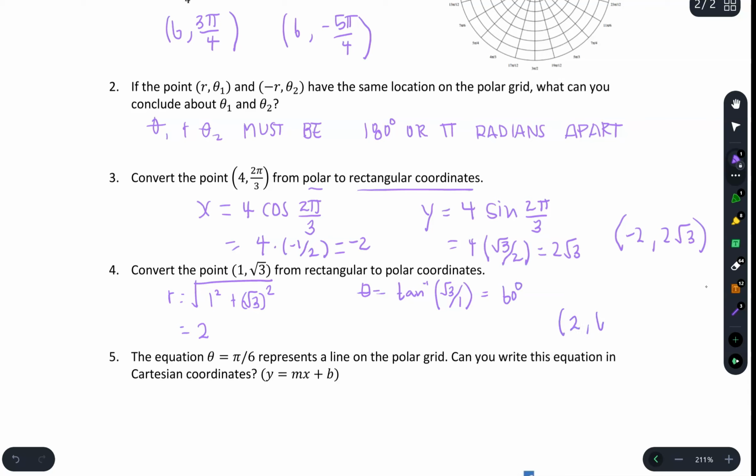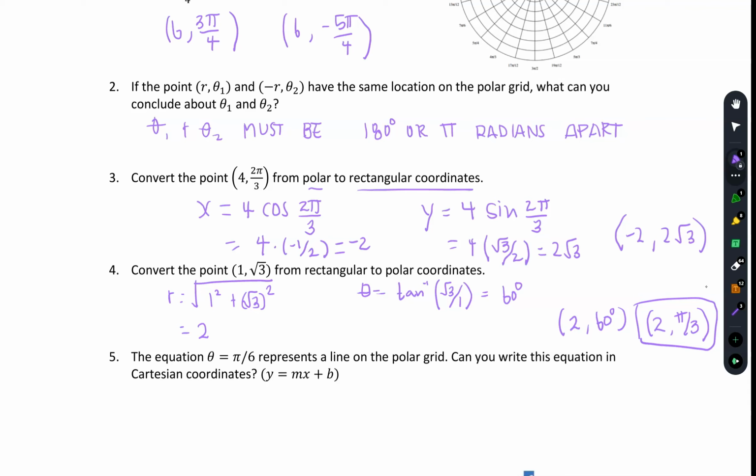So this point will be (2, pi over 3). We usually always write it in radians, because on the polar grid, you see that polar axis there, those are all in radian measures. So this is the one that we usually use here.